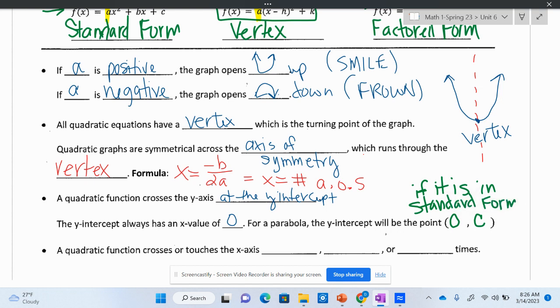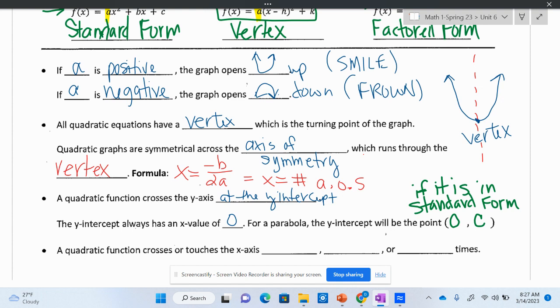So when a quadratic function is written in ax squared plus bx plus c, in standard form, that last number is your y-intercept. That tells you where the graph is going to cross the y-axis. Okay. Questions about that first off?